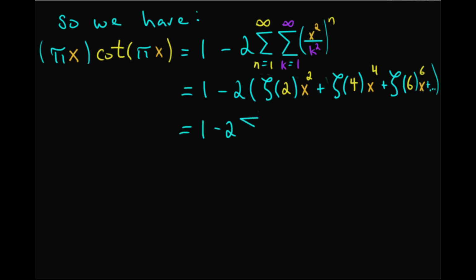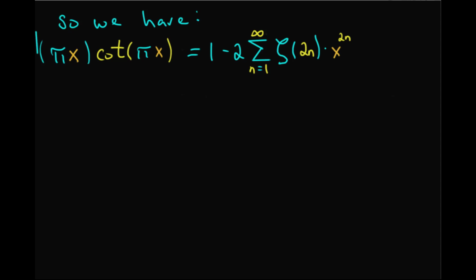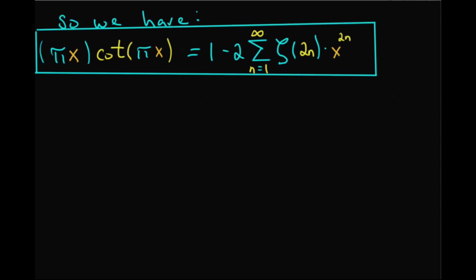And that can be written more concisely as 1 minus 2 times the sum from n equals 1 to infinity of zeta of 2n times x to the 2n. So let me just put a box around this incredible identity, which is a very important result for us in this video, but we're not done yet.